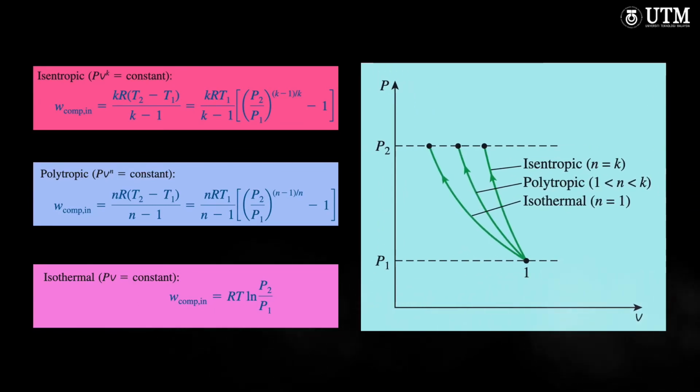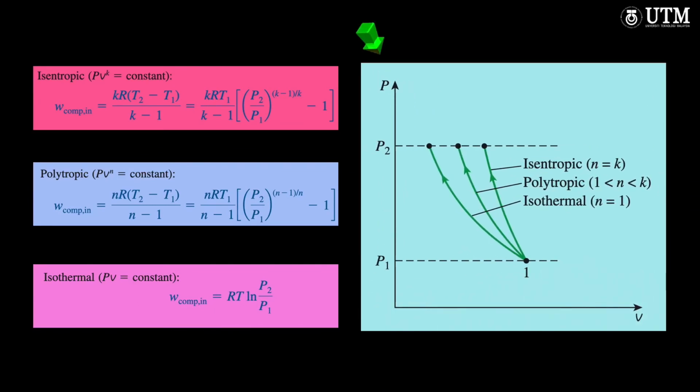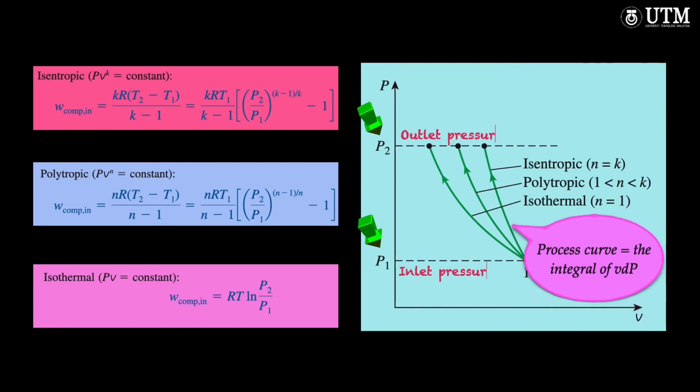On a PV diagram, the area to the left of the process curve is the integral of V dP. Thus, it is a measure of the steady flow compression work.